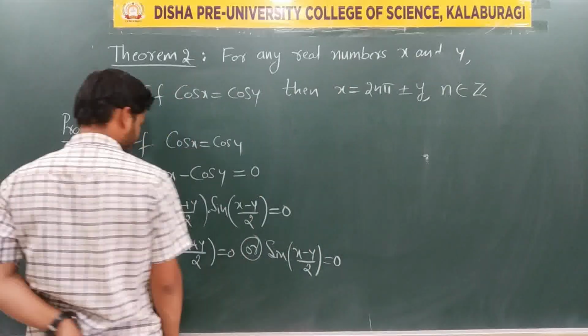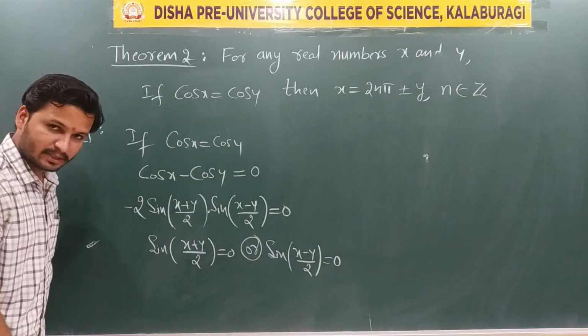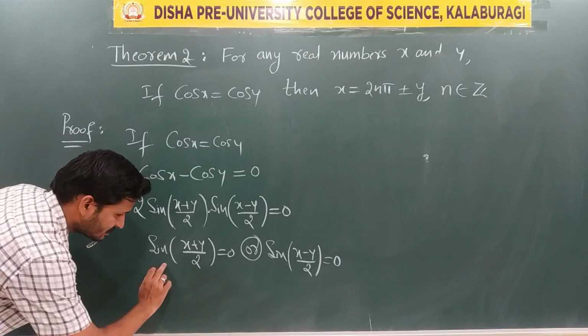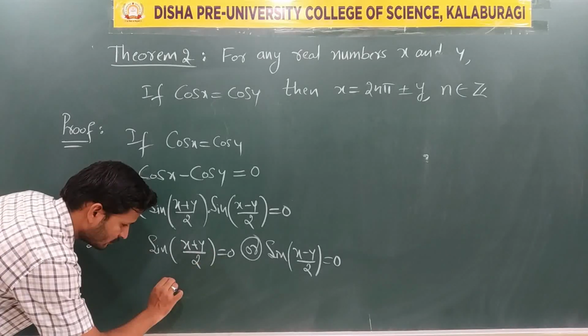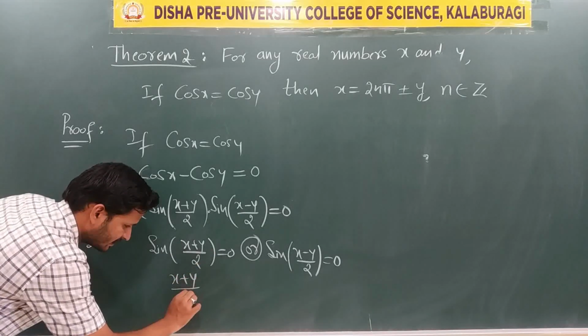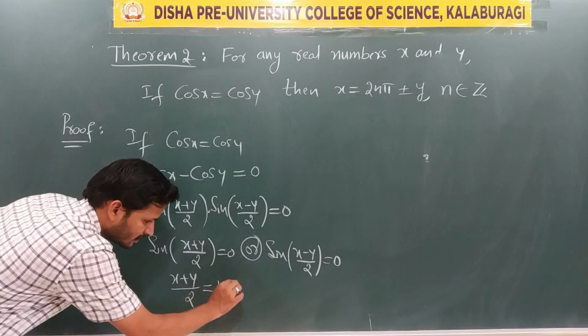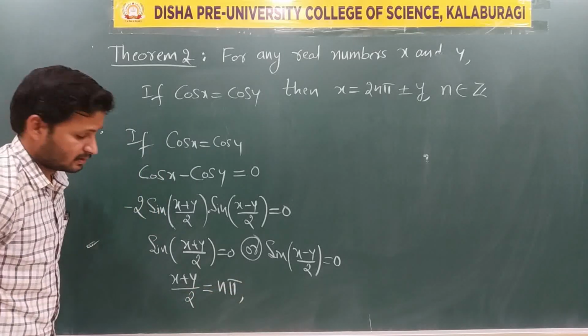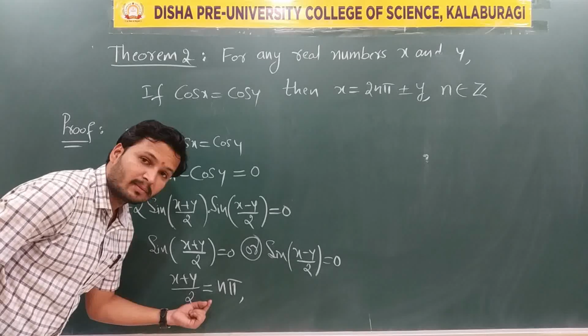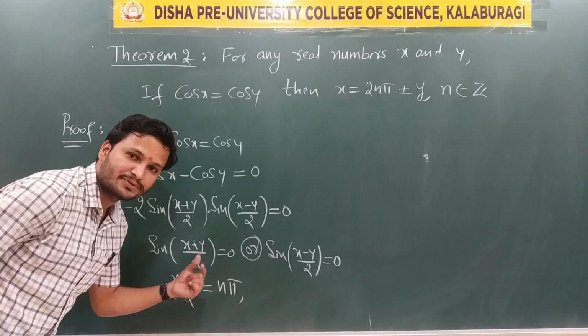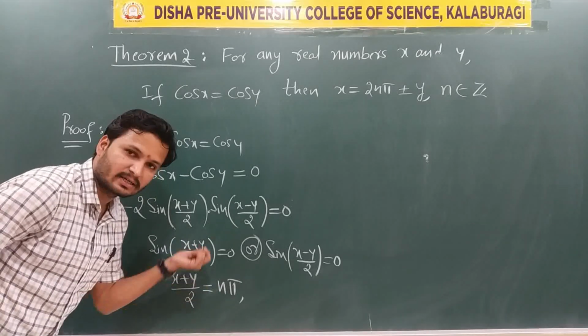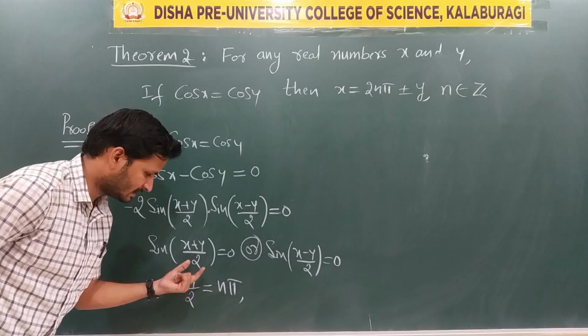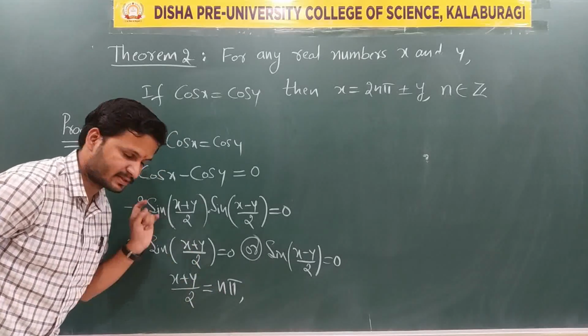That means here in place of theta is (x plus y)/2. So sine of (x plus y)/2 is equal to 0. That means (x plus y)/2 is equal to an integral multiple of pi. This is because of note number 1, that is sine x equals to 0, which implies x is equal to n pi. Here in place of x is (x plus y)/2.